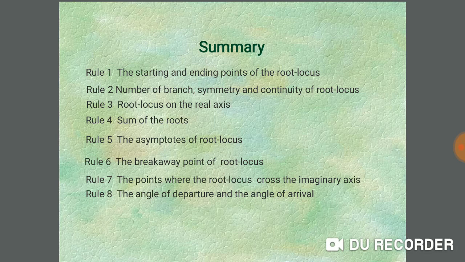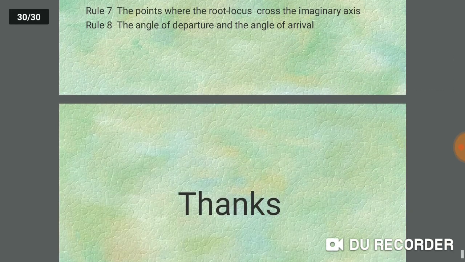Then the asymptotes of the root locus, which you can calculate with the help of the formula. Then the breakaway point, or BAP. Then the points where the root locus crosses the imaginary axis, which you can also calculate with the help of the Routh criteria. Then we can calculate the angle of arrival and angle of departure. This is the summary for the root locus.